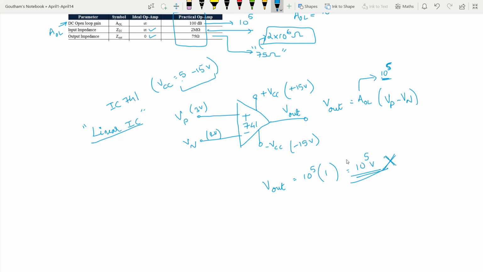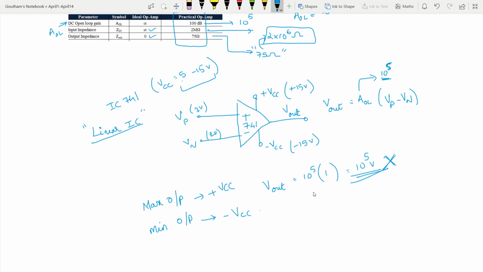What happens is that the IC741's performance is limited by its VCC. The maximum output voltage the IC741 can give is plus VCC, and the minimum output voltage it can give is minus VCC.